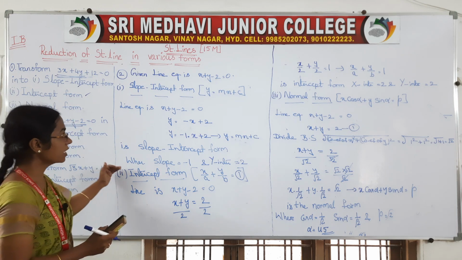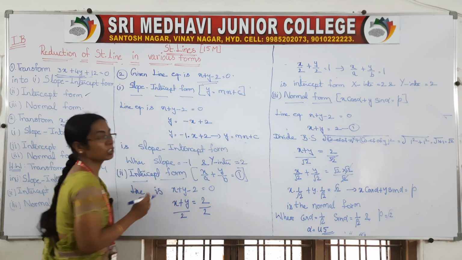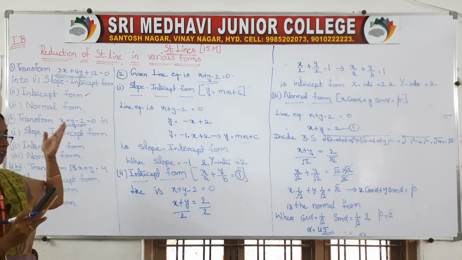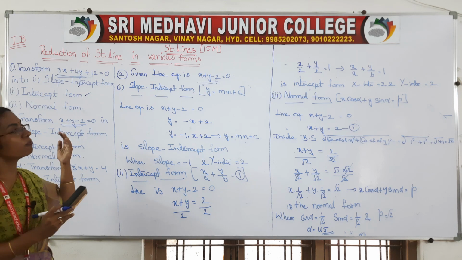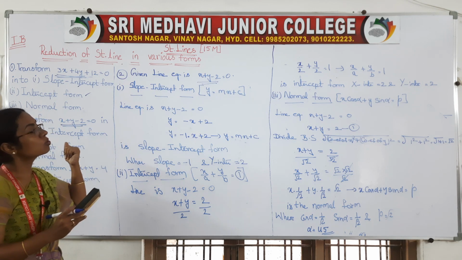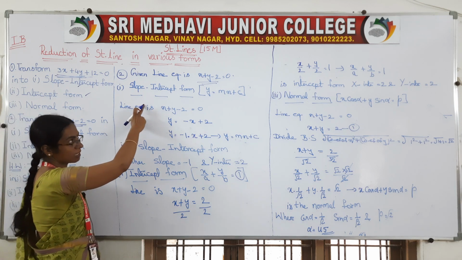So what is the procedure? They will give one normal line equation to you, in the form ax plus by plus c is equal to 0, where a, b, c can be positive, negative, or zero. So first we have to convert that line into slope intercept form.